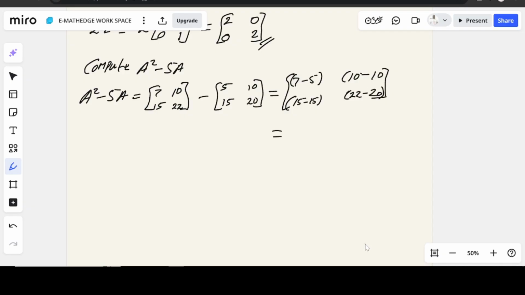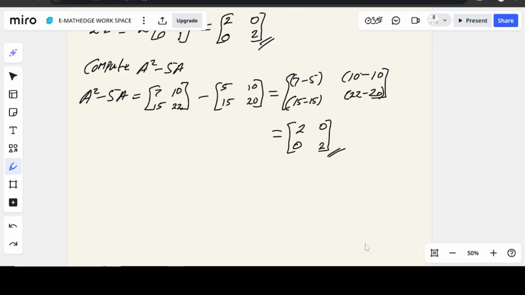So to simplify further, we are going to have 7 minus 5 is going to give us 2. 10 minus 10 is going to give us 0. 15 minus 15 is going to give us 0. And 22 minus 20 is going to give us 2. So A square minus 5A, we've obtained this matrix, right?